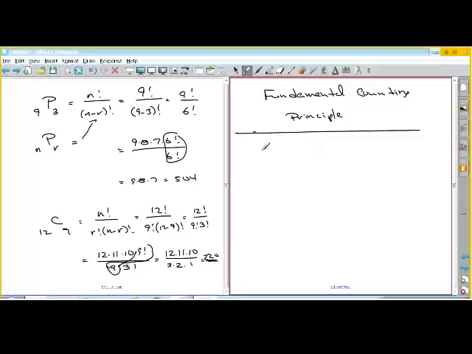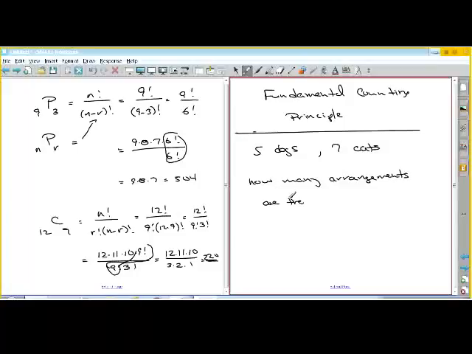You can also get even simpler. Say you have 5 dogs and you have 7 cats. How many arrangements are there?